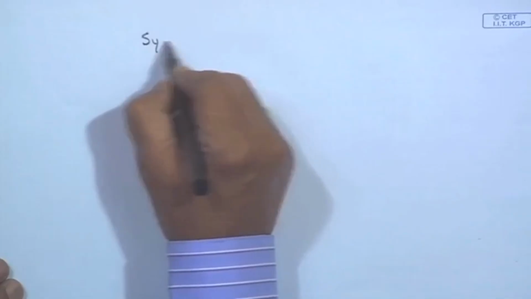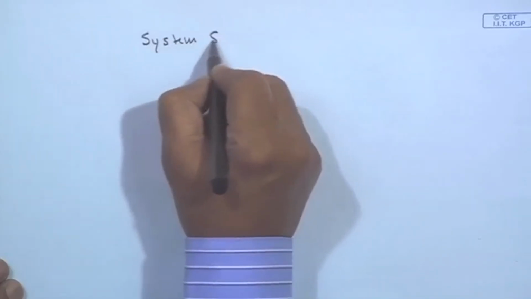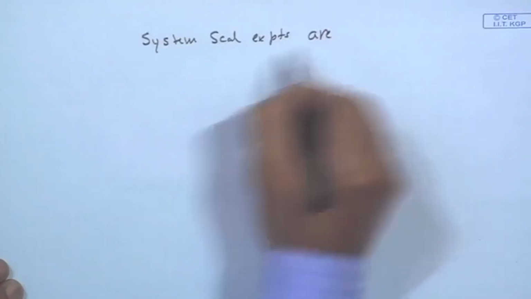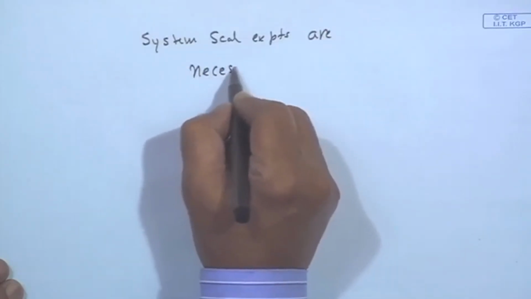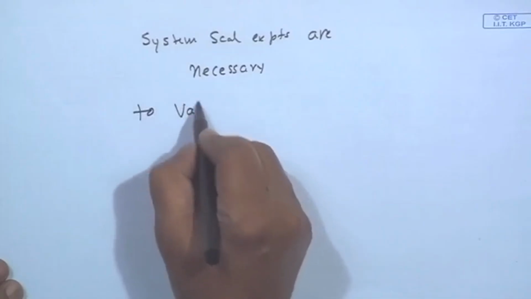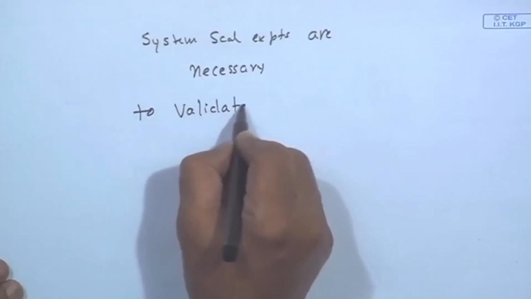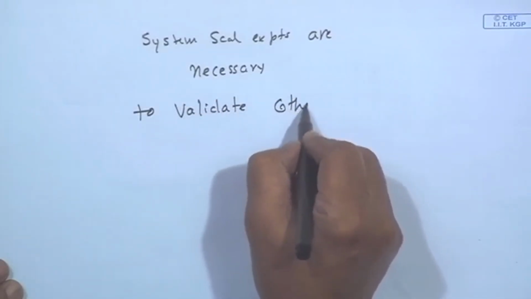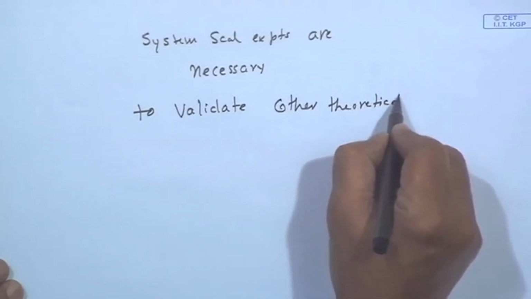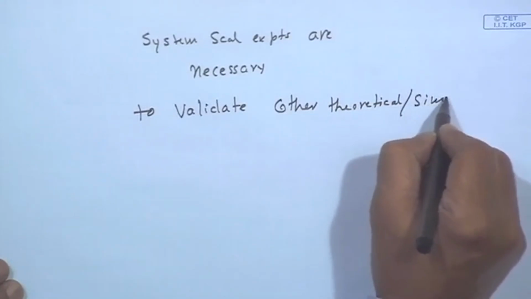Nevertheless, system scale experiments are necessary, for example, to validate other possibly theoretical models or simulations.